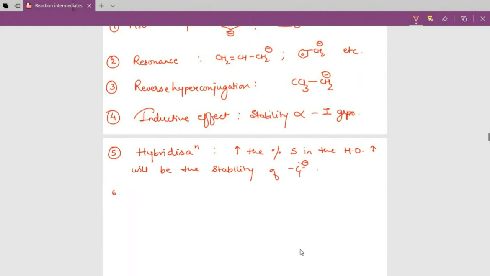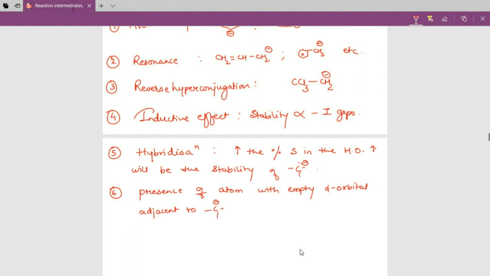Okay. Sixth is presence of atom with empty d orbital adjacent to C minus.